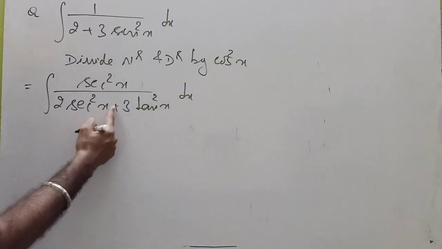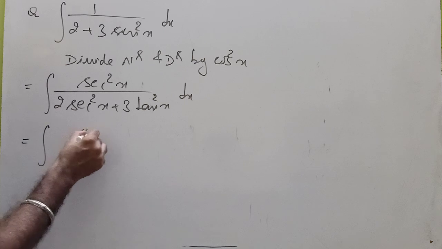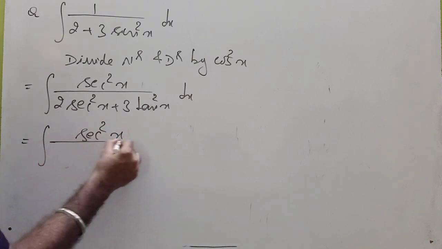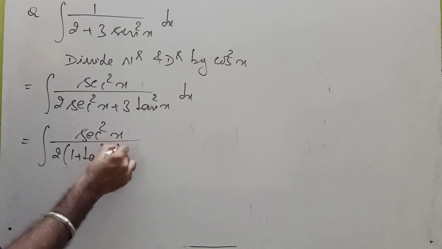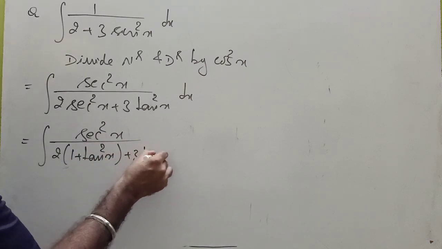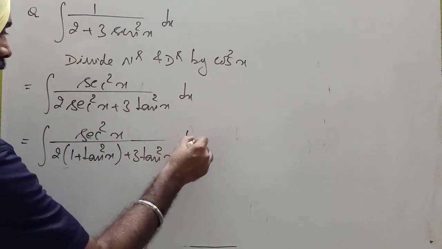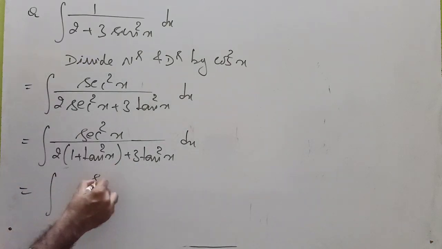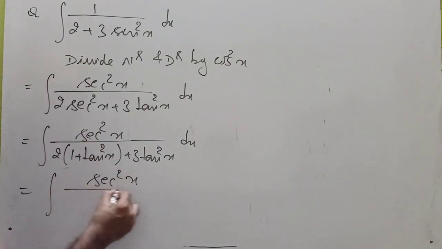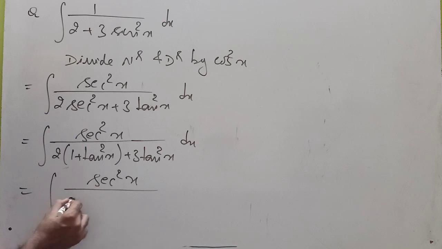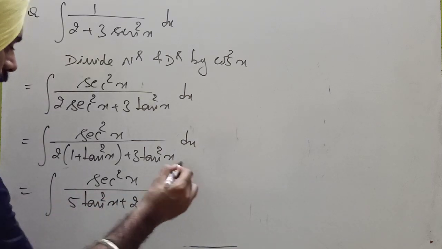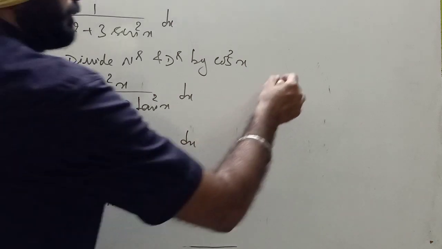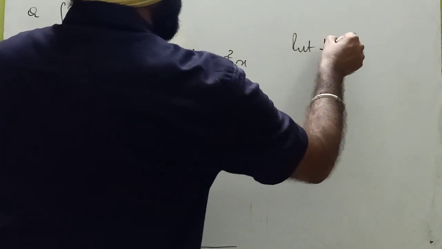Now first of all convert the secant square into tan square in the denominator: 2 times 1 plus tan square x plus 3 tan square x. So the next step is secant square x divided by 2 plus 3, it is 5 tan square x plus 2. Now we can easily put tan x equal to t.